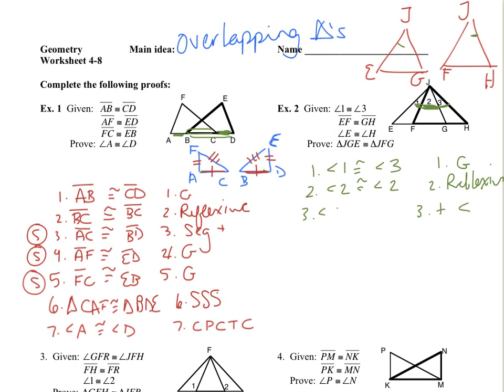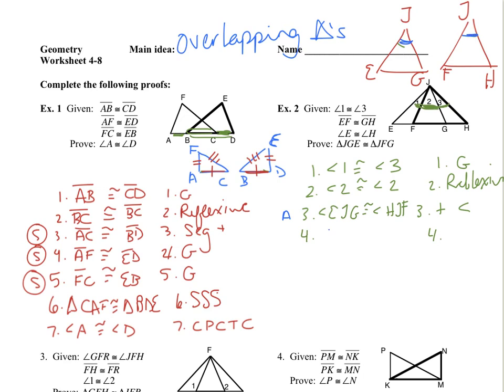So angle EJG is congruent to HJF by angle addition. Number 4, and that is an angle, so I'm going to mark that as an angle because I just proved this whole angle is congruent to this whole angle.